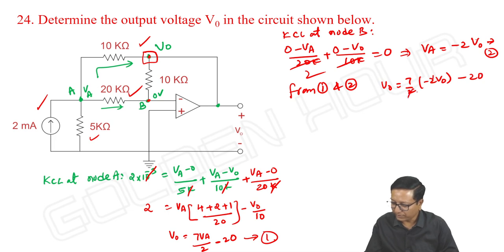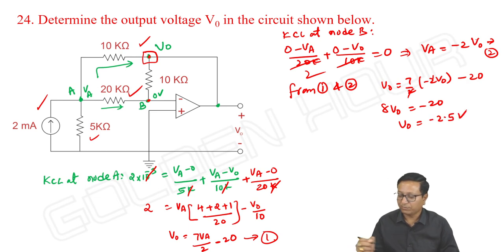So 2 and 2 cancel. It is minus 7 V naught is equal to minus 7 V naught minus 20. So 8 V naught is equal to minus 20. V output is equal to, how much do you get? Minus 2.5 volts.